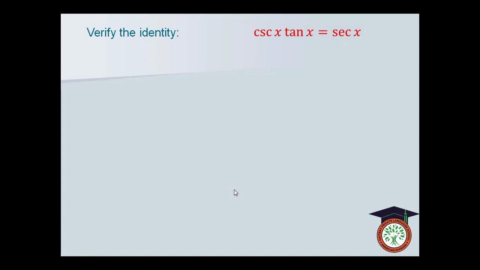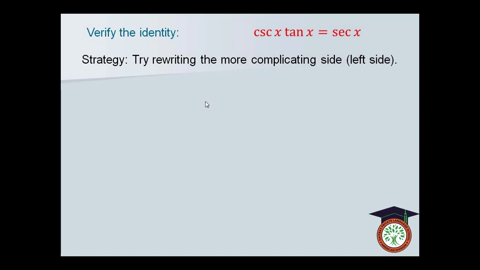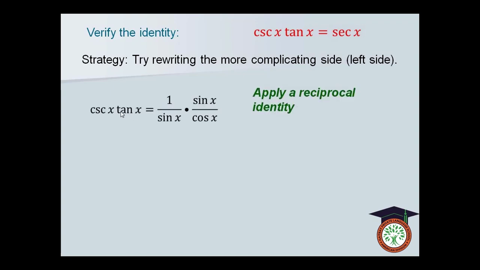Another example: cosec x times tan x equals sec x. As we did in the first example, we must start with the more complicated side, which here is the left side. So let's start with the left side: cosec x times tan x. As we know, cosec x equals 1 over sine, and tan x equals sine over cosine.